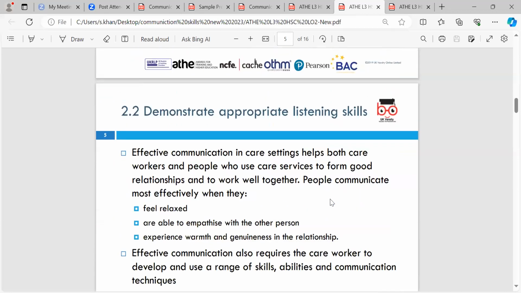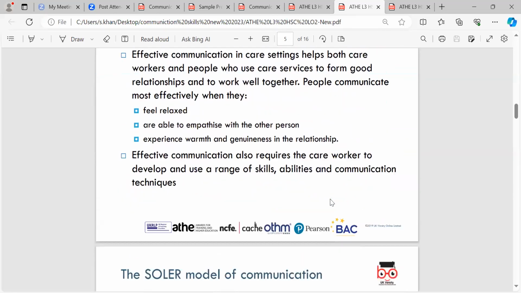Then we've got 2.2, which is to demonstrate appropriate listening skills. Effective communication in care settings helps both care workers and people who use care services to form good relationships and to work well together. People communicate most effectively when they feel relaxed, are able to empathize with the other person, and experience warmth and genuineness in their relationship.